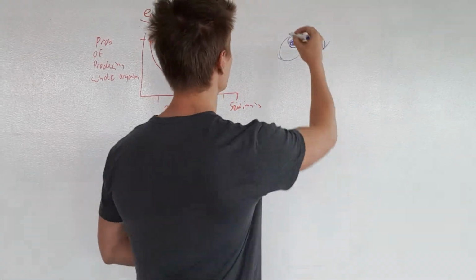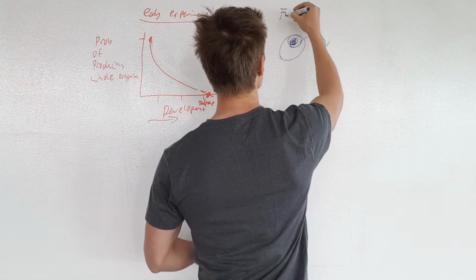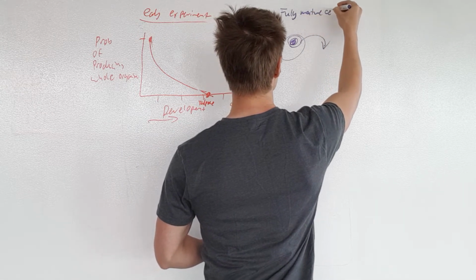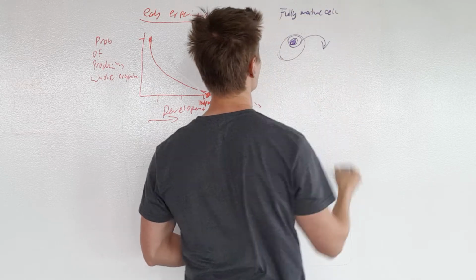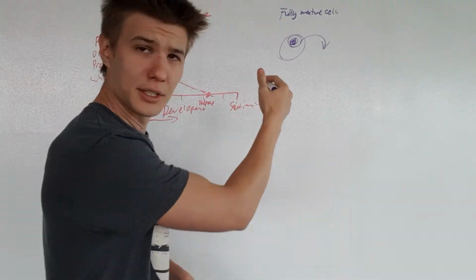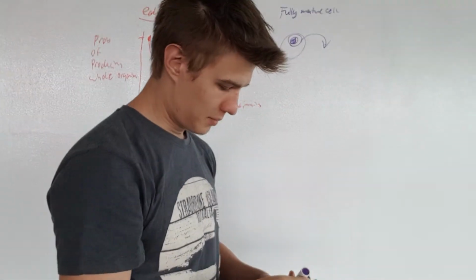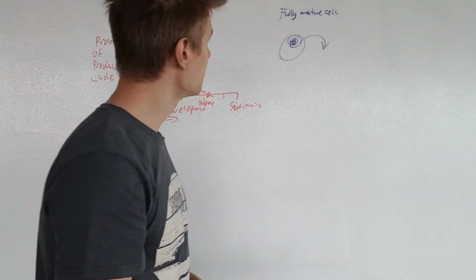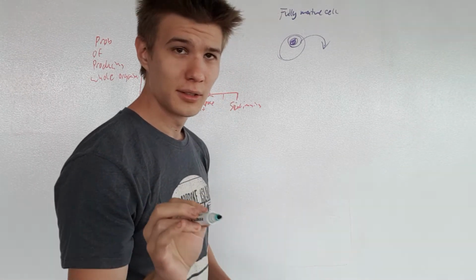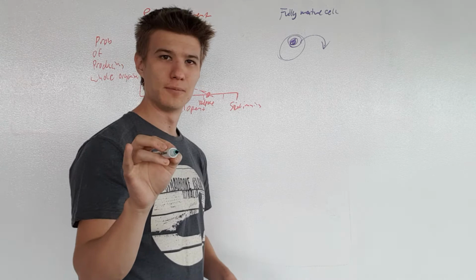This is a fully matured cell, and we take the nucleus out of it and we put that nucleus into an egg.